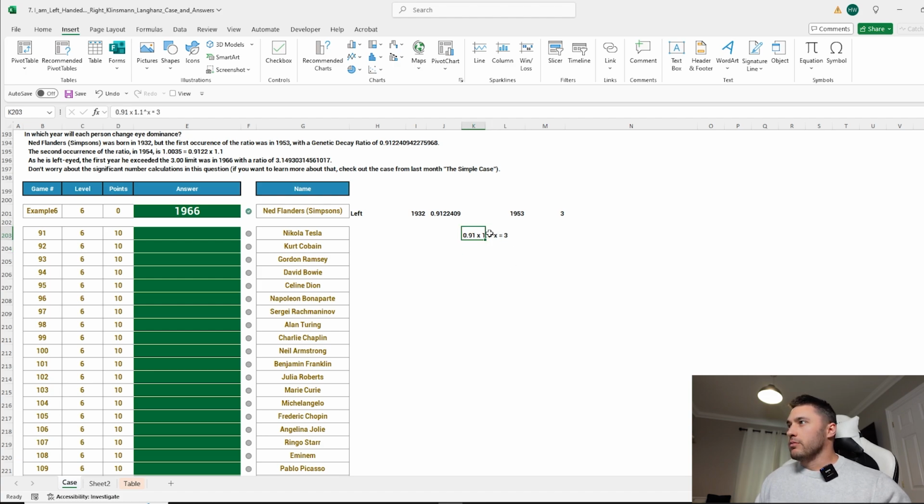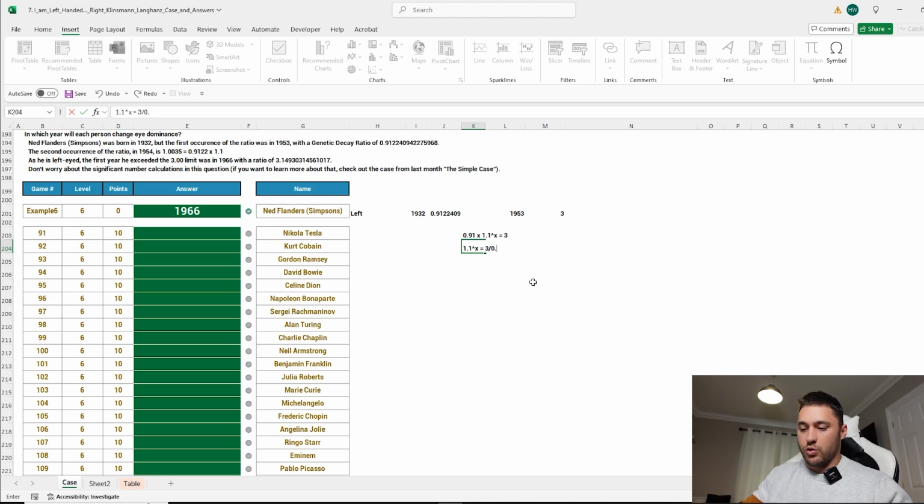So to get a logarithm, like I showed earlier with the 2, 3, and 8 example, you just want the 1.1 to the power of x equals a number. So you can divide both sides of these equations by 0.91. So we just end up with 1.1 to the power of x equals 3 divided by 0.91.